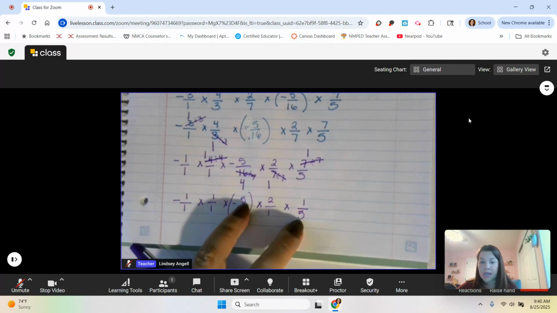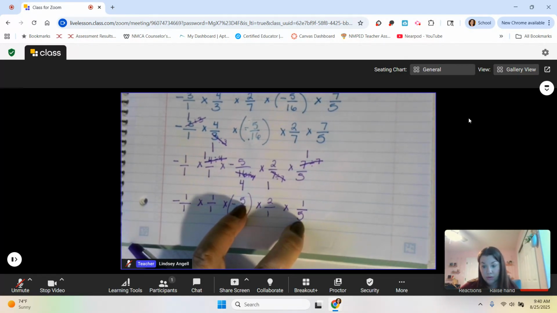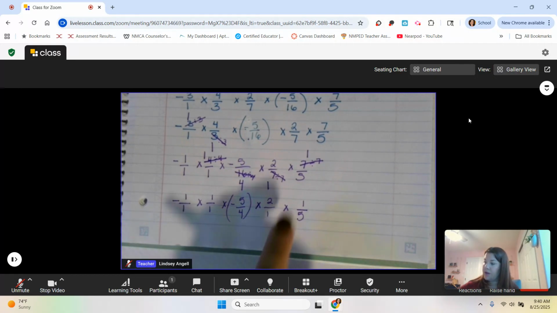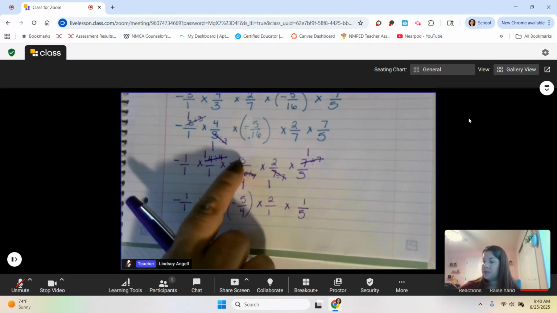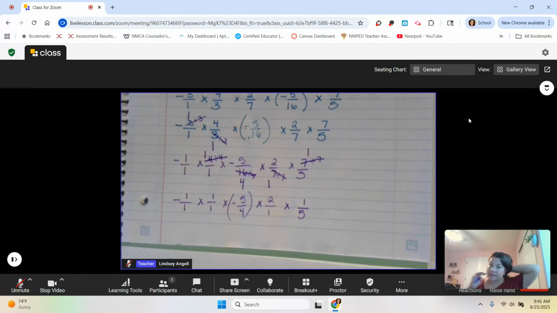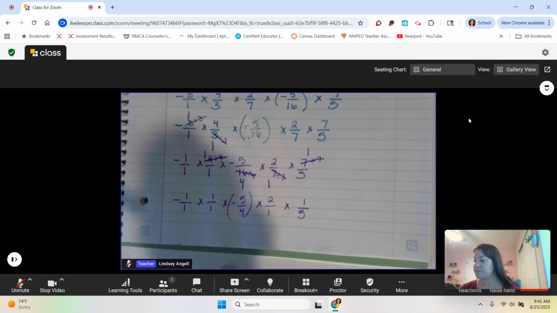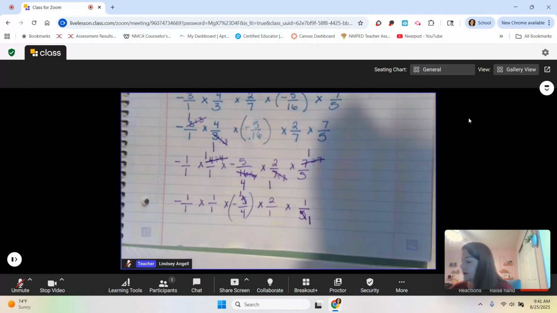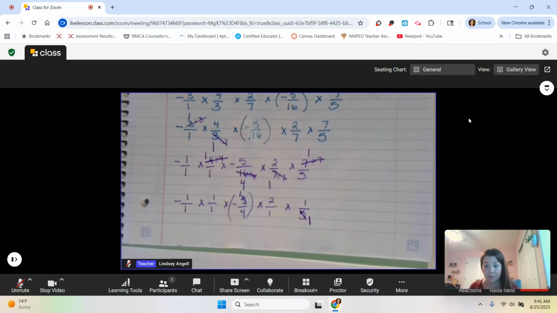And actually, I could reduce these ones too. I could have moved this one over here so that we could have seen that. I didn't even catch that until now. I could rewrite those as a 1 and a 1. And now I can multiply straight across.